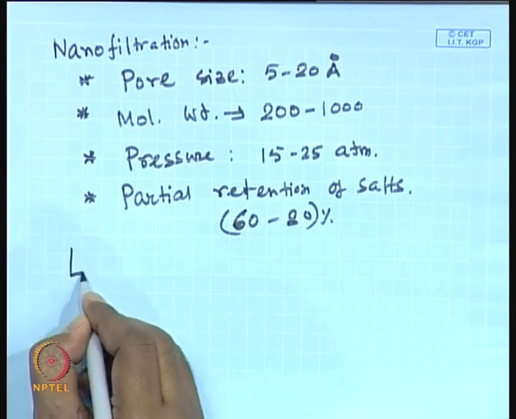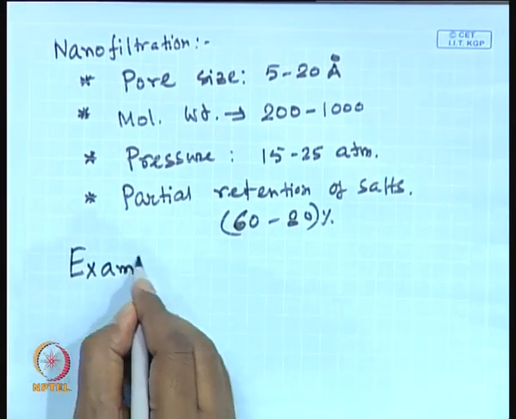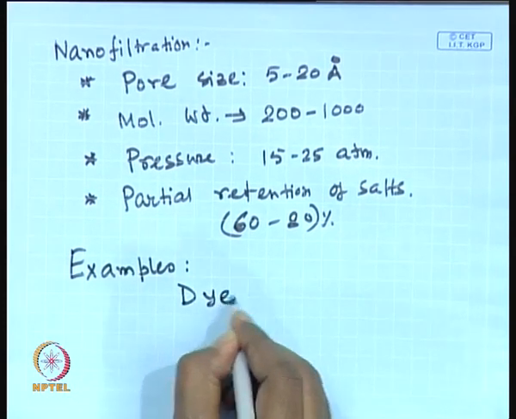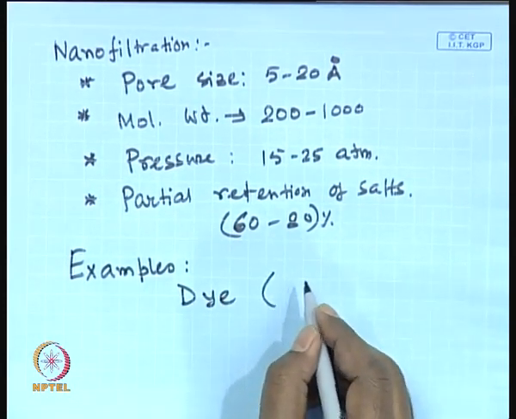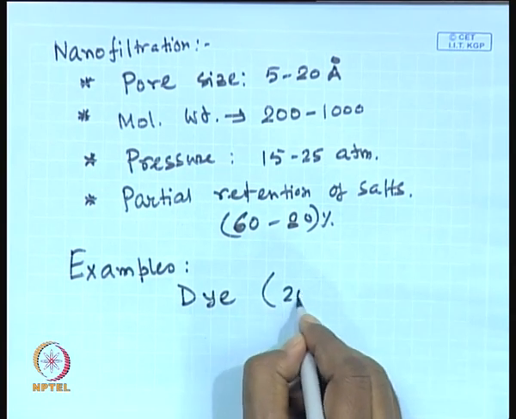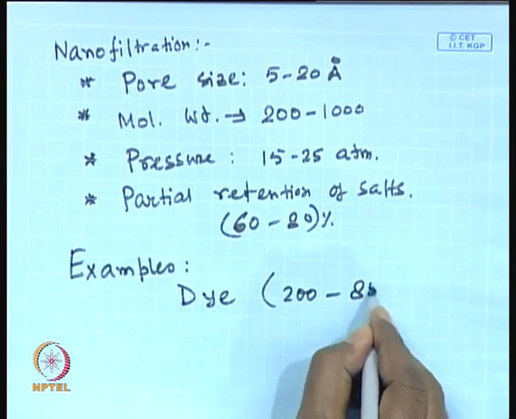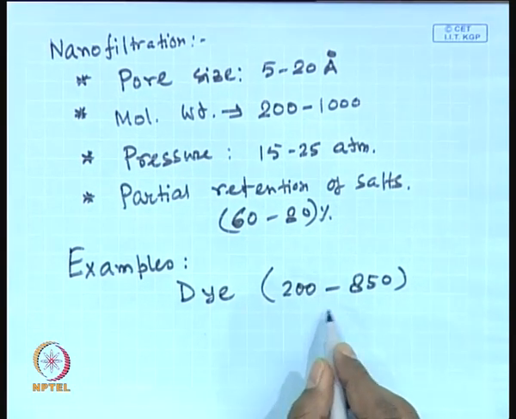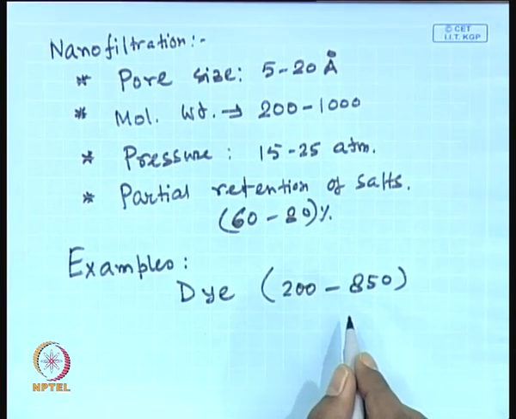The applications and examples of nanofiltration are separation of dye molecules. Dye molecules generally have a molecular weight in the range of 200 to 850 or 900. There are various dye solutions which have molecular weights in this range.